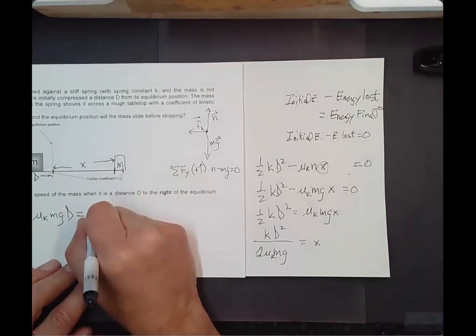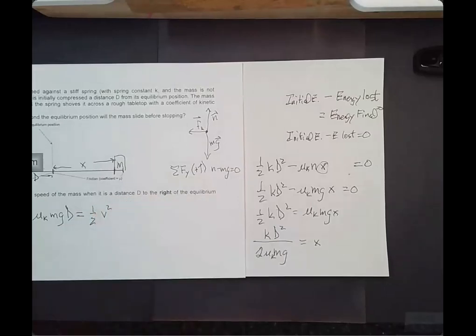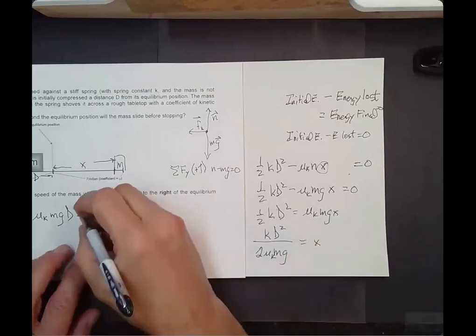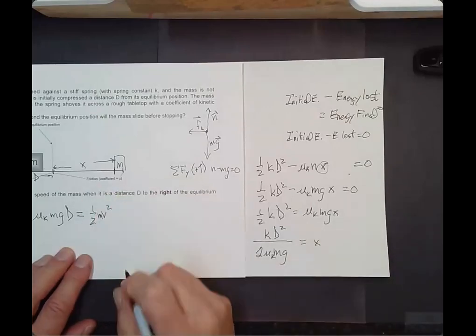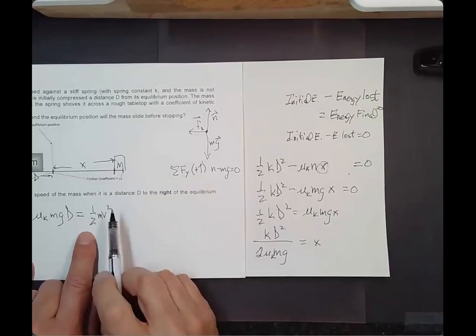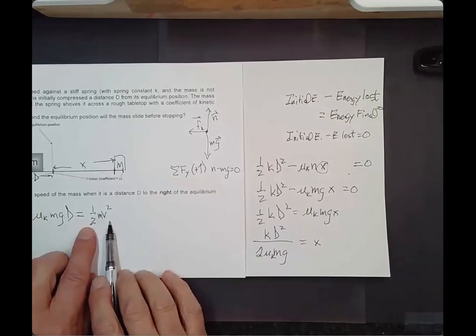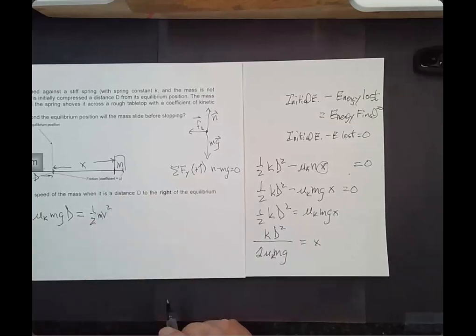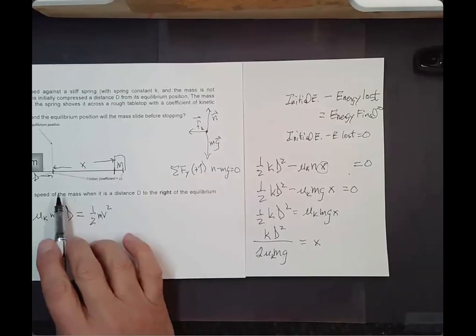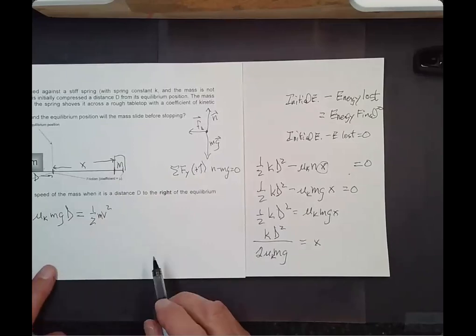So there will be some speed here. 1/2 mv squared equals that kinetic energy that it has there. So initial energy minus energy lost equals the kinetic energy at that point over there, which maybe the friction is so great it won't even reach that distance. And we'll see that in the expression that we solve for.